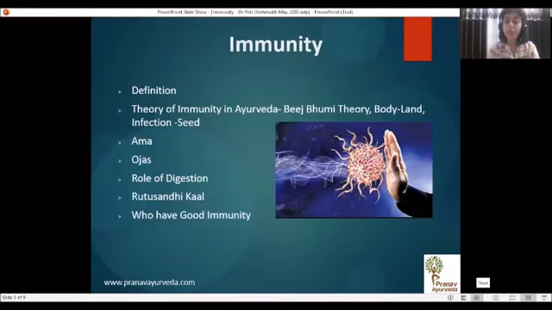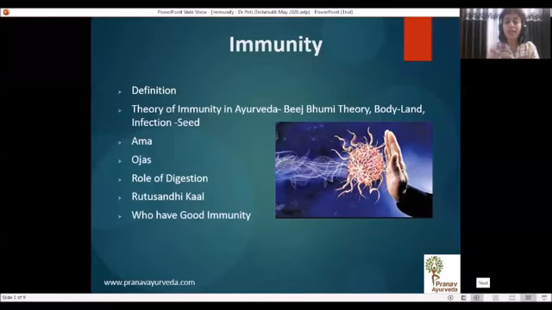Now let's see who have good immunity. Those whose Agni Bal is on the higher side, that is the digestive fire, those who are youthful or young, and those who exercise regularly are mentioned as having good immunity in Charak Samhita, which is an Ayurveda text.